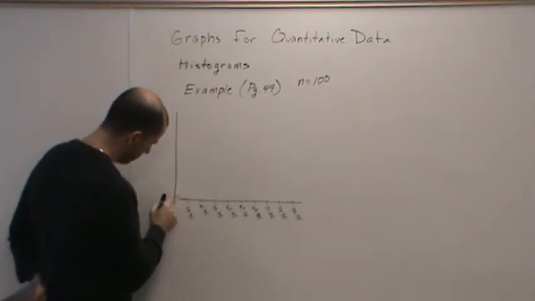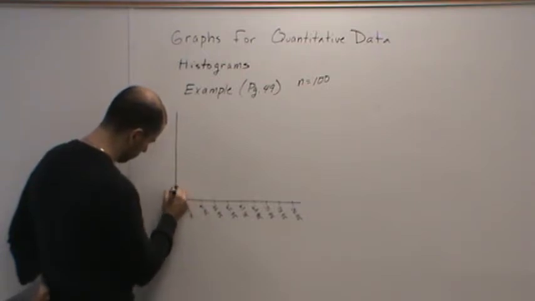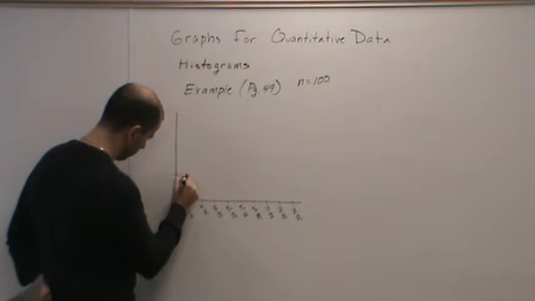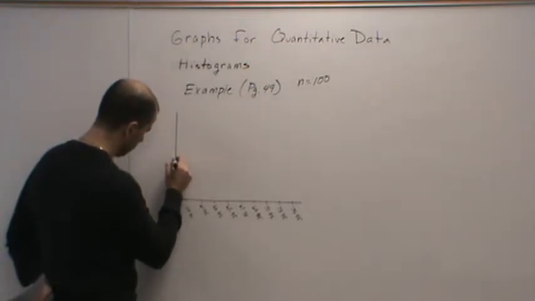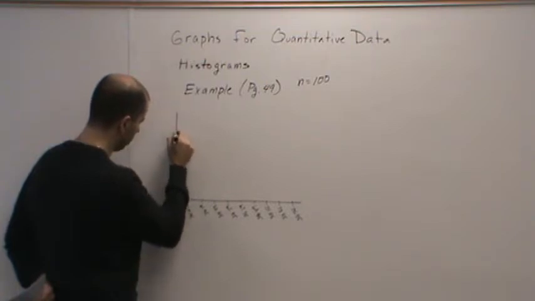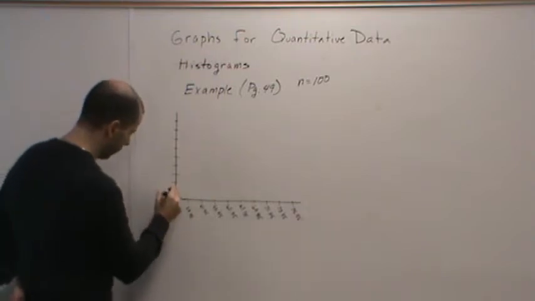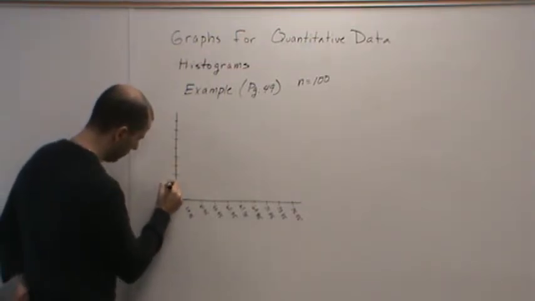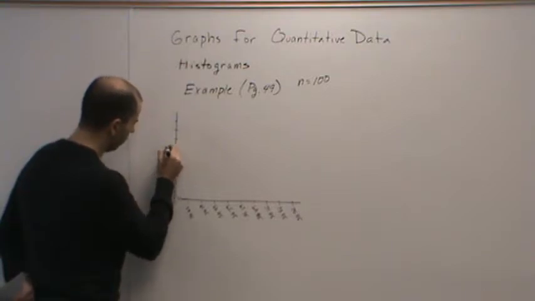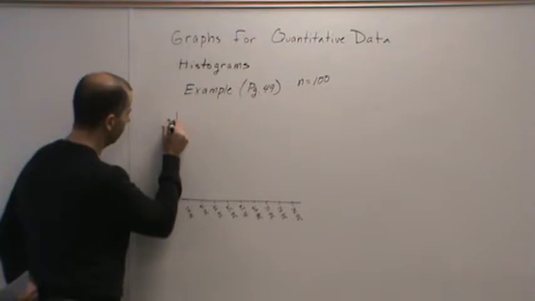I'm going to start at 0 and go by 5. Okay, so there it is. 5, 10, 15, 20, 25, 30, 35, 40, 45.